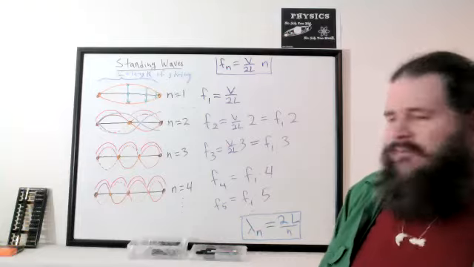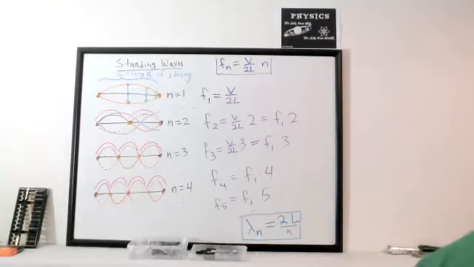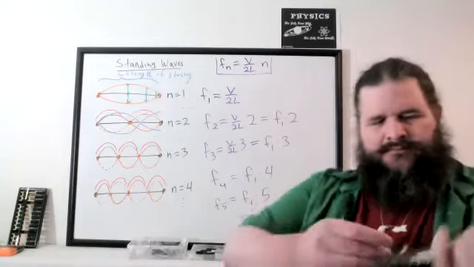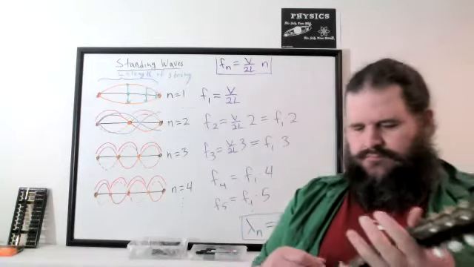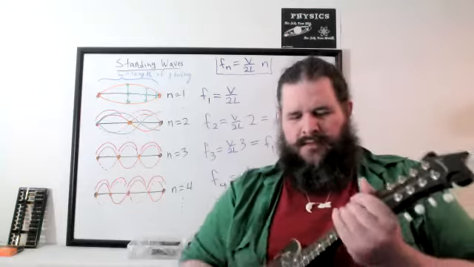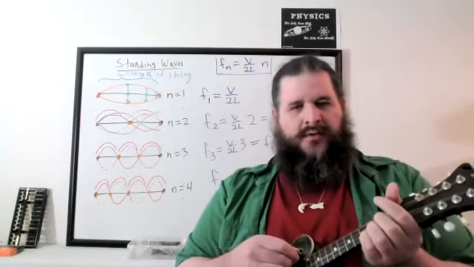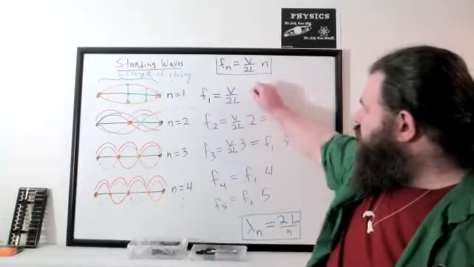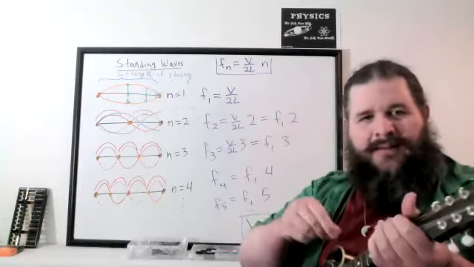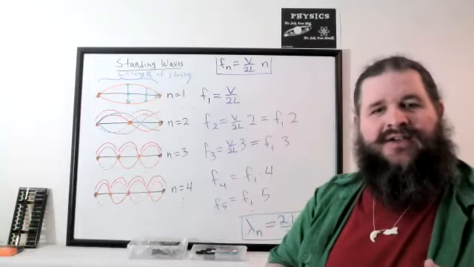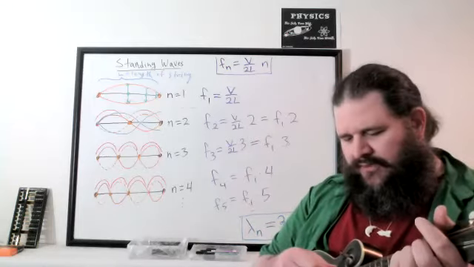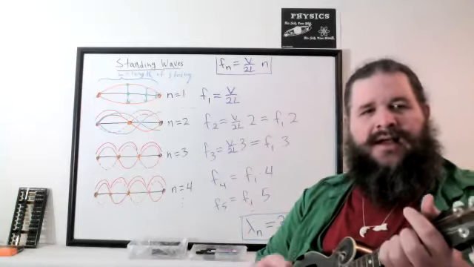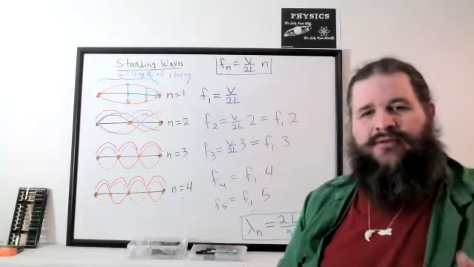But the reason why musical instruments don't sound like that, if I play a note on this mandolin, it's not producing just that one note. Because when I pluck it, I'm not specifically choosing one of these frequencies. I'm not grabbing the string and vibrating it at a certain number of times per second. I'm just putting this chaotic motion into it, making it move in a jumble of different ways.